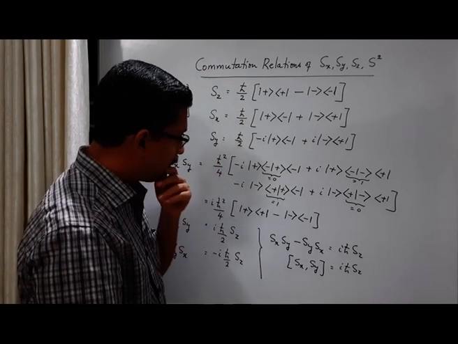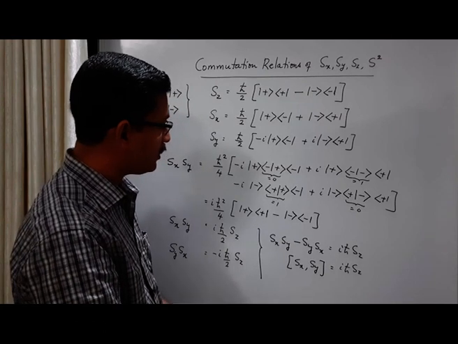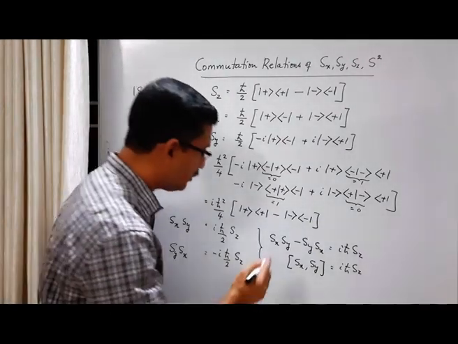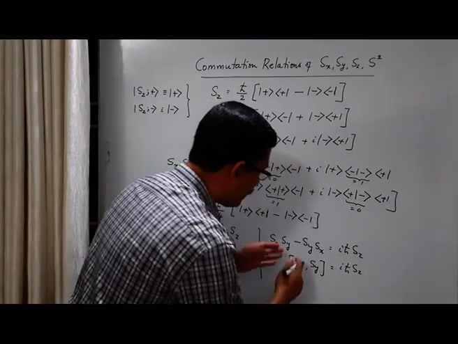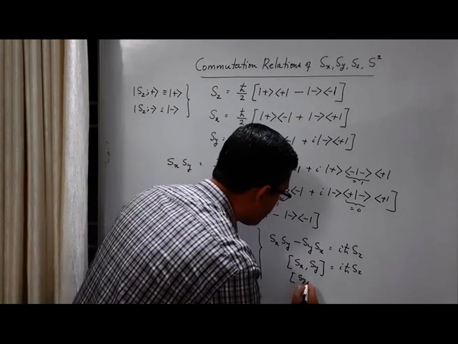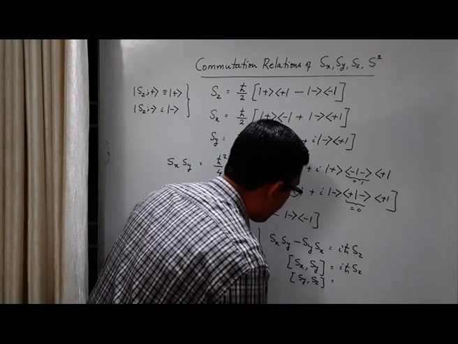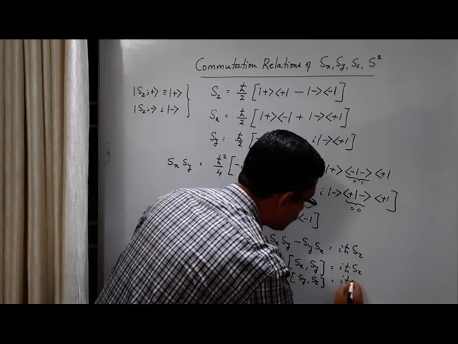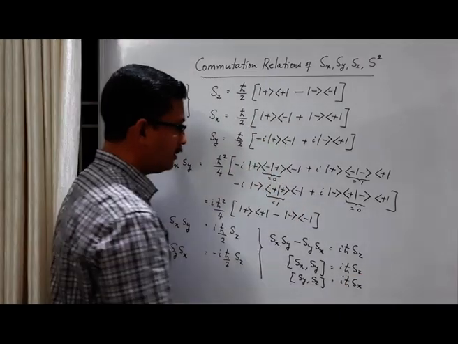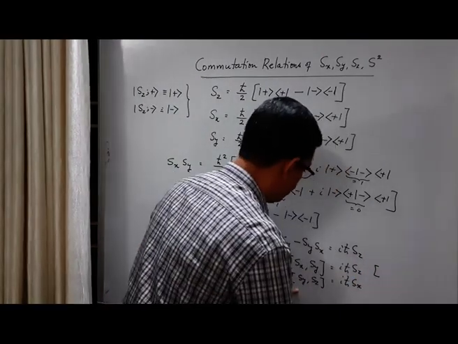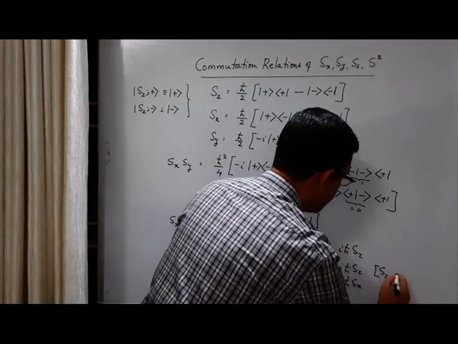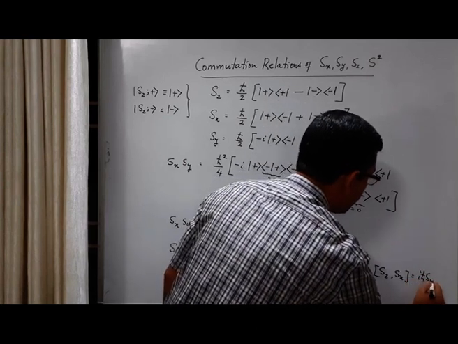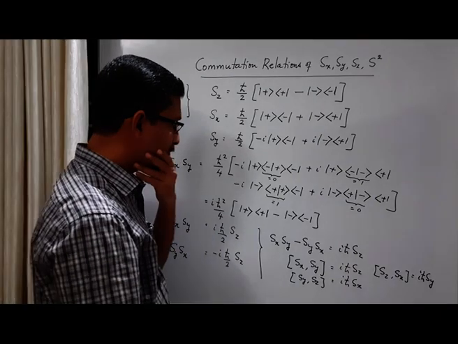Now similarly we can establish the commutation relation between other pairs of the spin operator. If I write it cyclically, that means instead of x, y, z, we get [Sy, Sz] equal to iħ Sx. Similarly, [Sz, Sx] is iħ Sy.